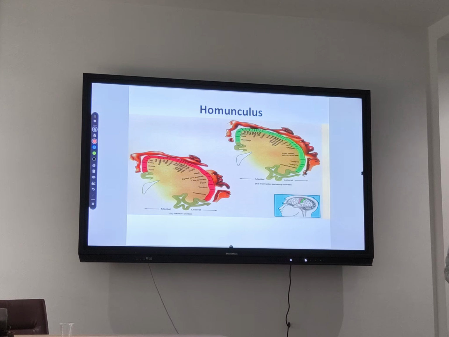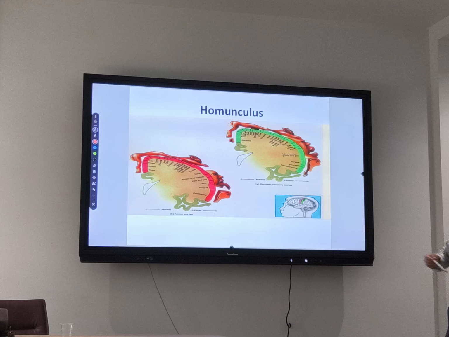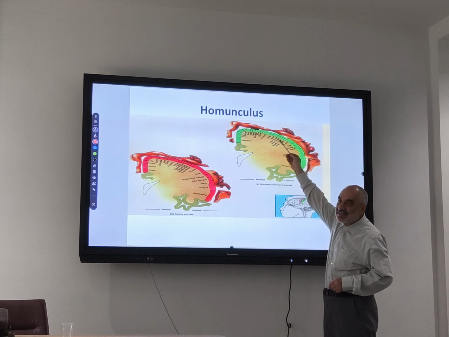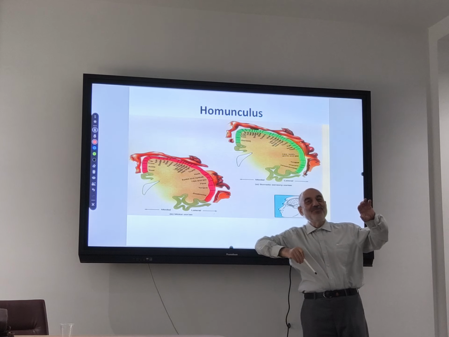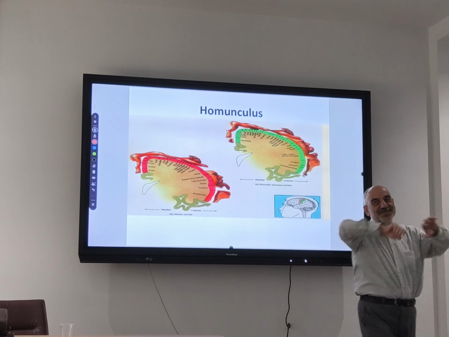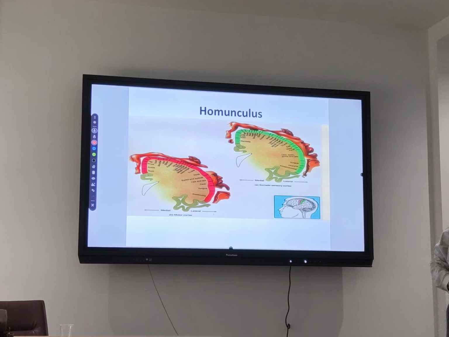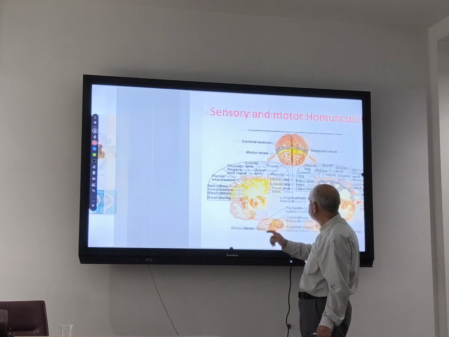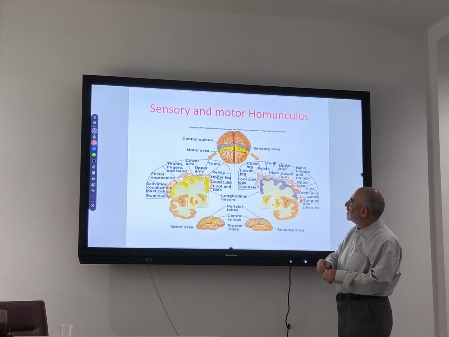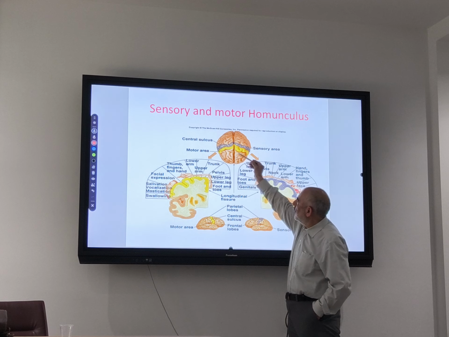These fingers: more space for the hand, for the face. As you see here, for fingers. But the rest, maybe half of the cortex is related to these and half to the other parts of the body. And also for motor, this is the outcome. Here, this is the sensory strip, this is the motor strip.